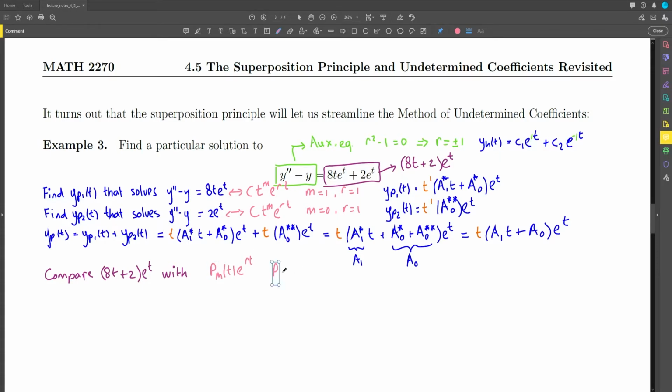And then p sub m of t is a polynomial in t.